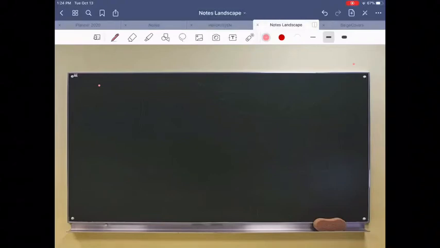Alright, so today we're going to discuss how to solve quadratic equations by extracting the square root. When we talk about solving quadratic equations, we have 4 methods.